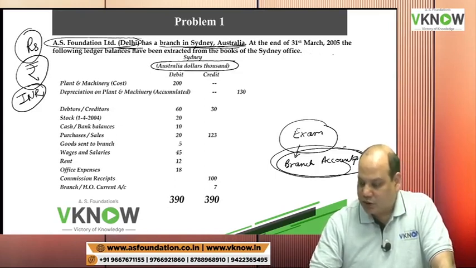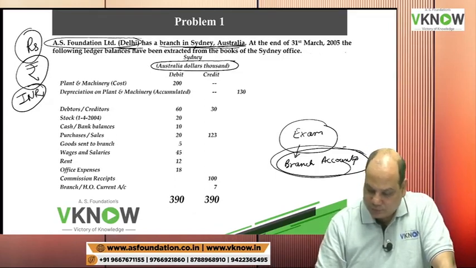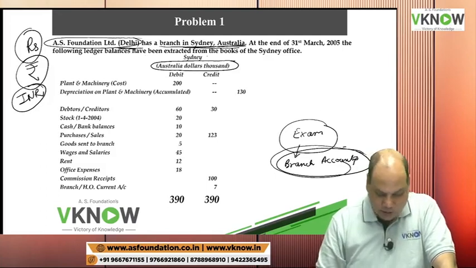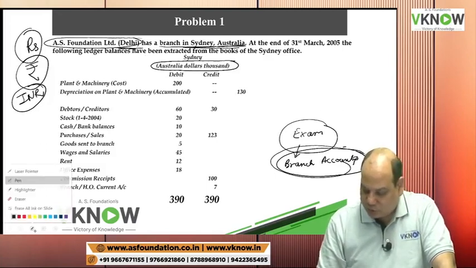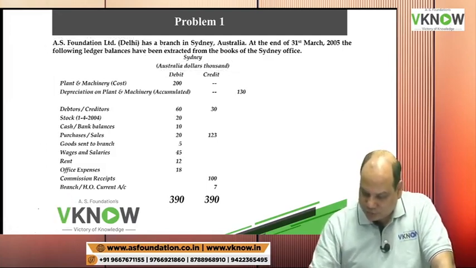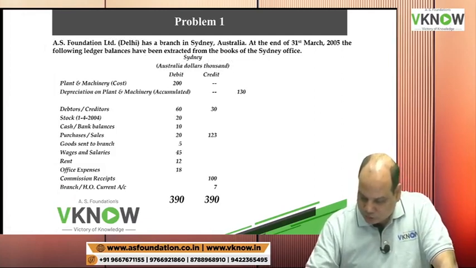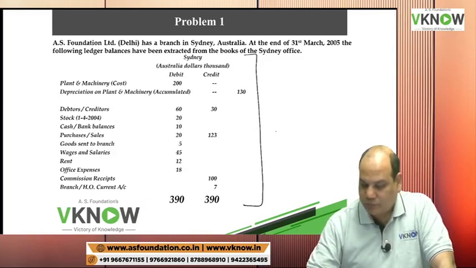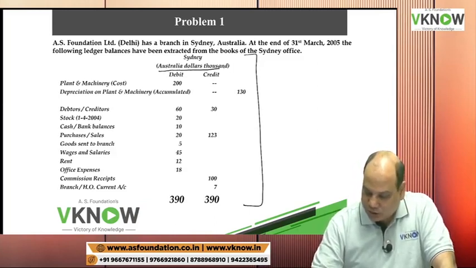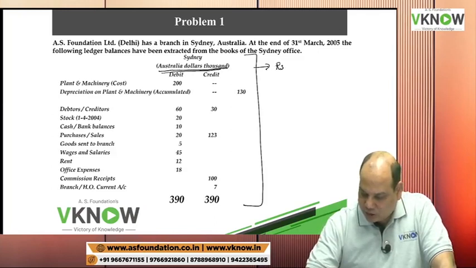At the end of 31st March 2005, the following ledger balances have been extracted from the books of the Sydney office. So this is the trial balance of the foreign branch, in Australian dollars. We will have to convert it into Indian rupees.